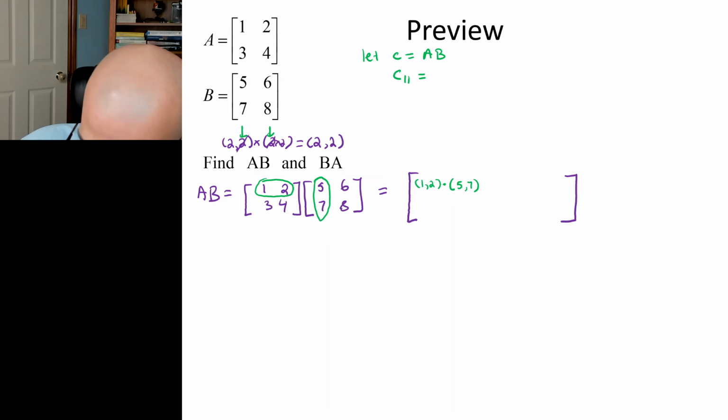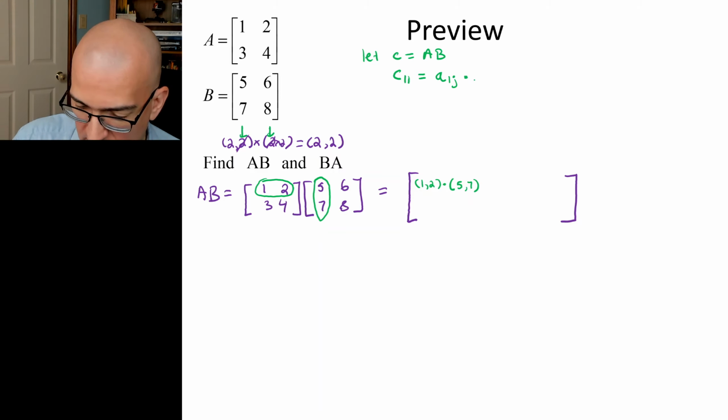C11 is going to be first row, all columns, A1J, dot product, BI1.